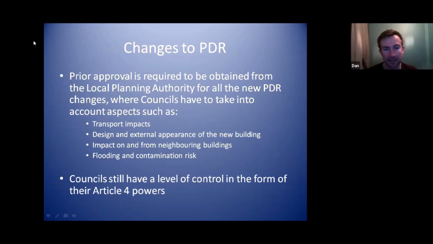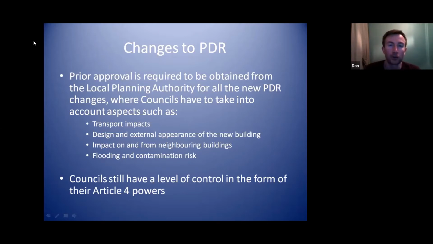And also the government still has a level of control in the form of their Article 4 powers. What Article 4 is, is that local authorities can impose in areas of their boundary for these permitted development rights to be removed. So a classic one is probably office to residential, which has been in for a while now.